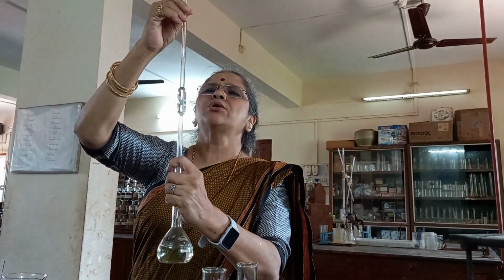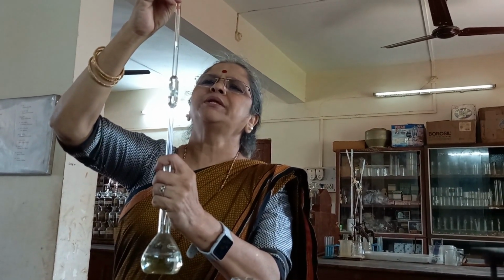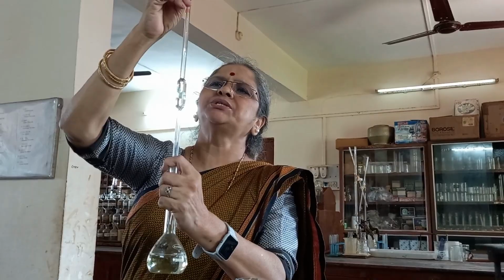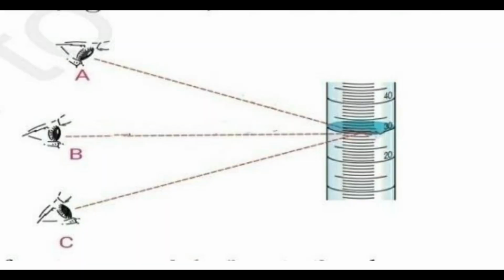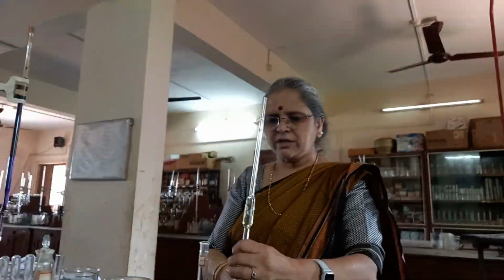The solution should not run fast, it should come down slowly up till this mark, and when it reaches the mark, the lower meniscus touching the mark, I have to hold it at my eye level. Then transfer it into the first conical flask.